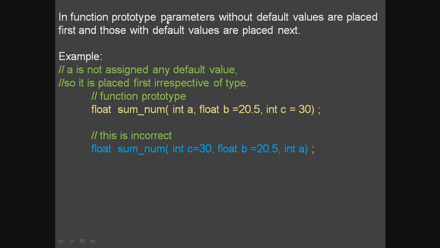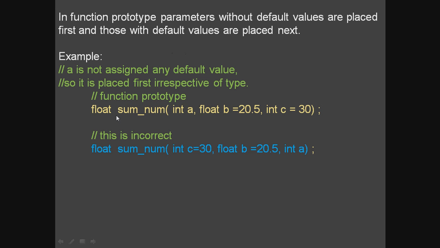Now in the function prototype, parameters without default values are placed first and those with default values are placed next. So when you're using a default argument, always make sure that the variable declared in the function prototype which is not assigned any value is placed first.